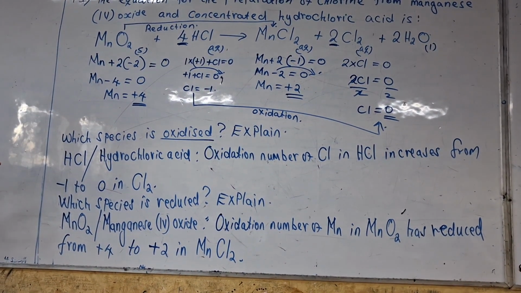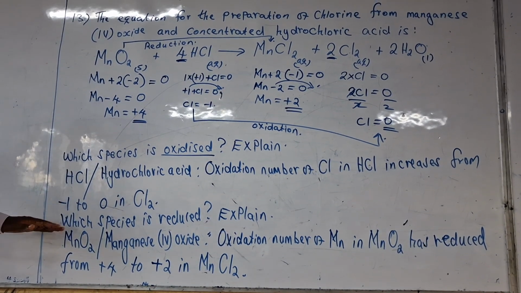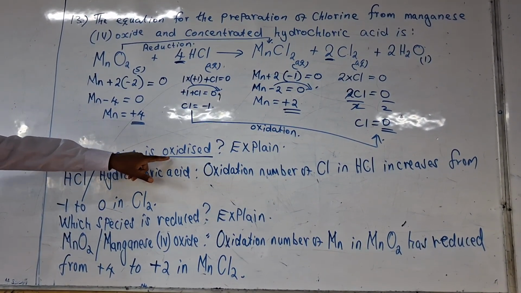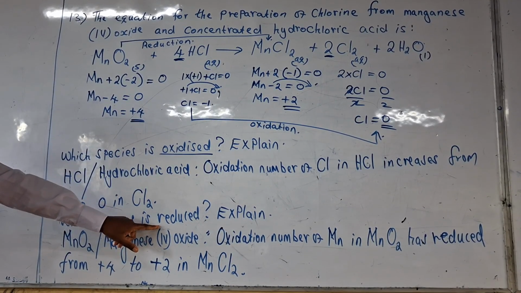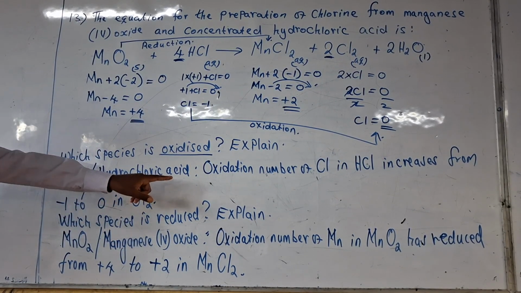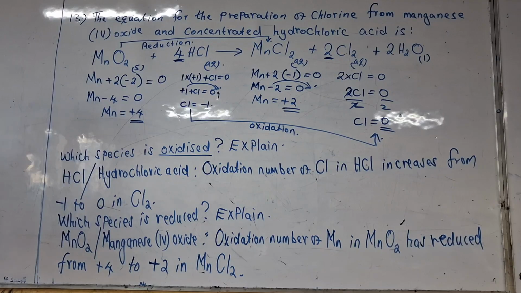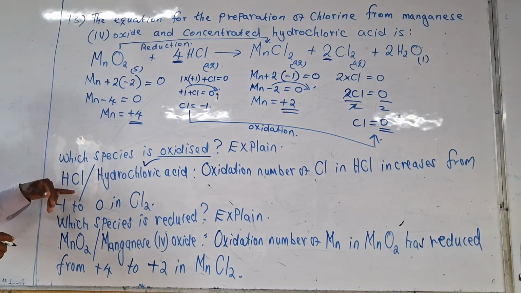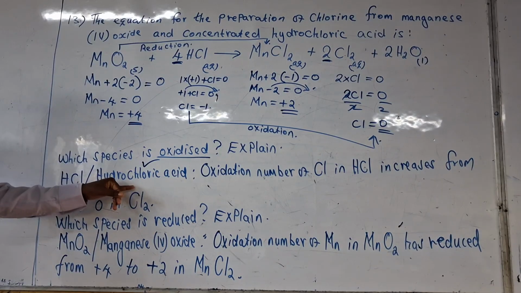I hope you have realized. In these two questions, we need to identify the species either undergoing oxidation or reduction. Are we together? Yes. And then you must give an explanation. So the first mark will be for identification, which is either the formula of the compound or the name in full.